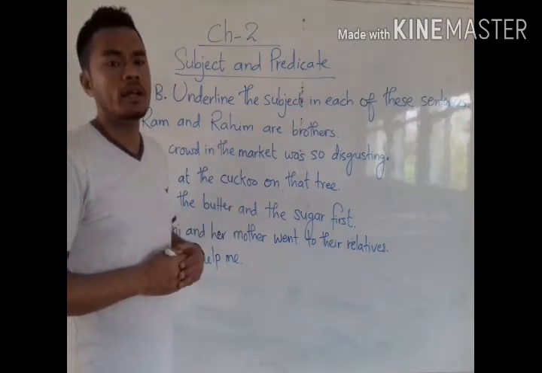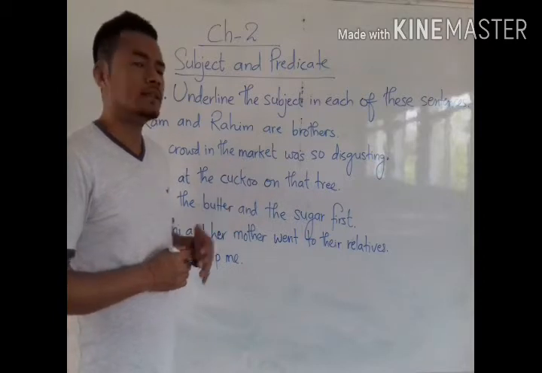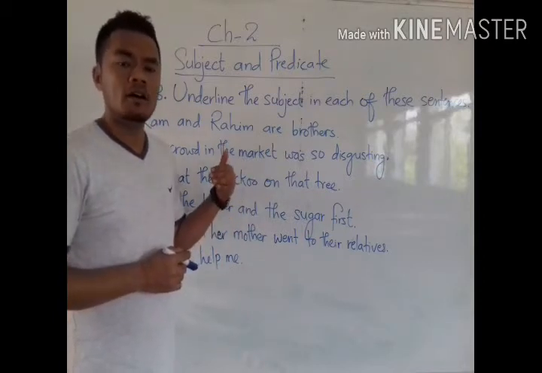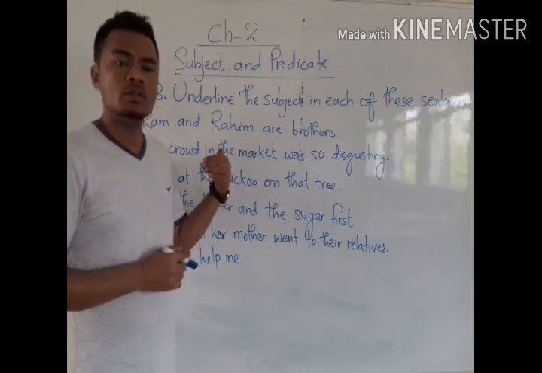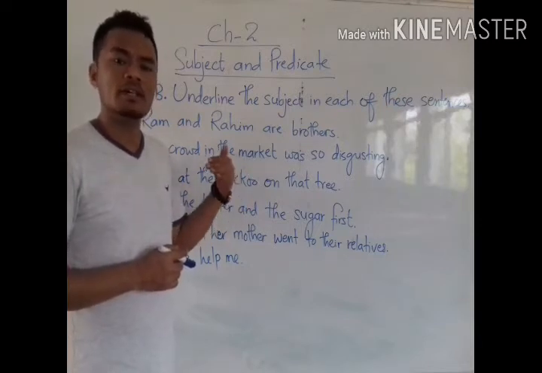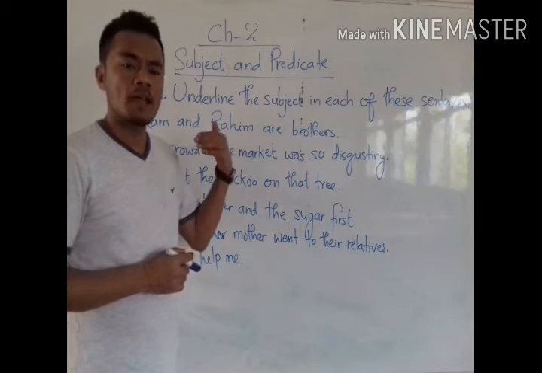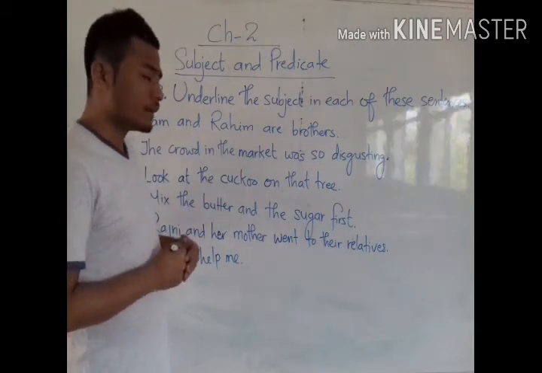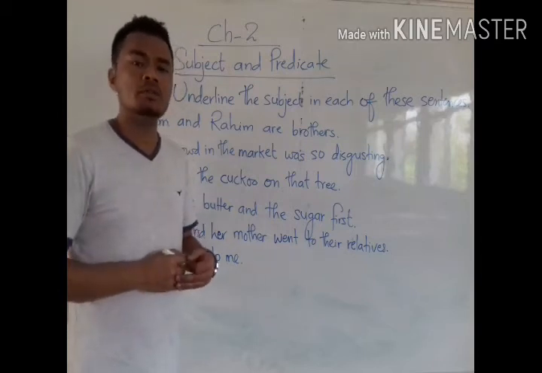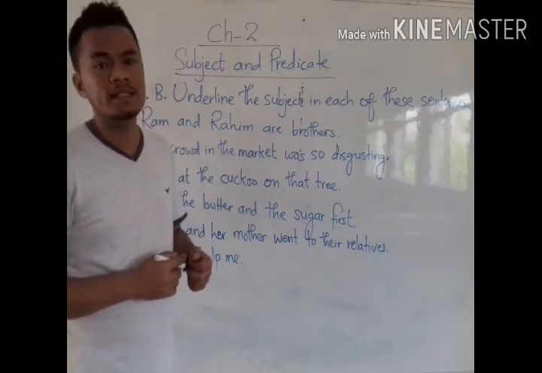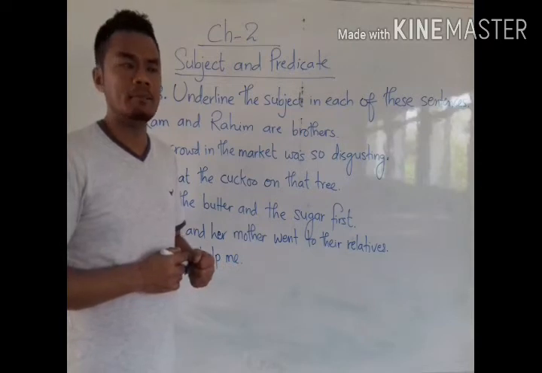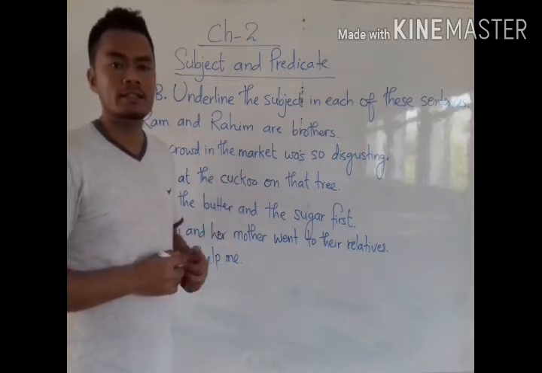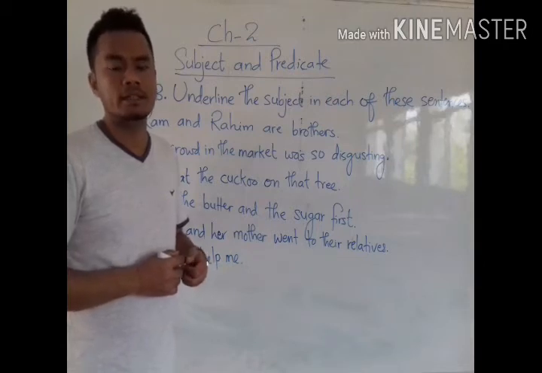Once we find the verb in assertive sentences, then along with that verb, the rest of the words are all part of the predicate. And that noun or pronoun about which we write the sentence is the subject of the sentence. Again I am telling you, the subject is that part of the sentence about which we write the sentence.